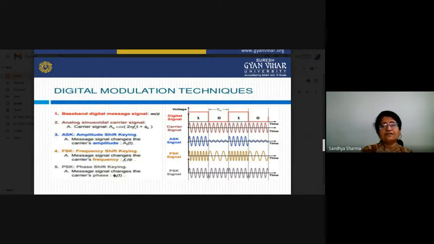So that is basically 1010. With this format, the ASK signal will either transmit the complete carrier signal, or the carrier will not be transmitted, or only very low amplitude noise will be transmitted. So that is basically on-off keying.